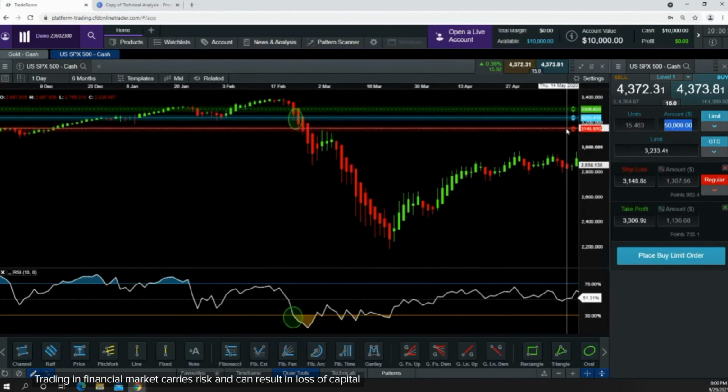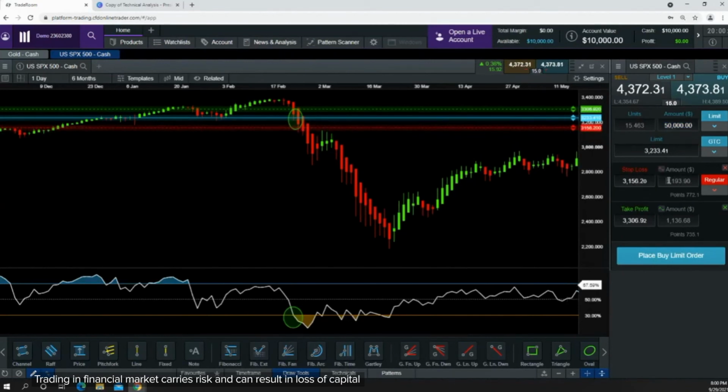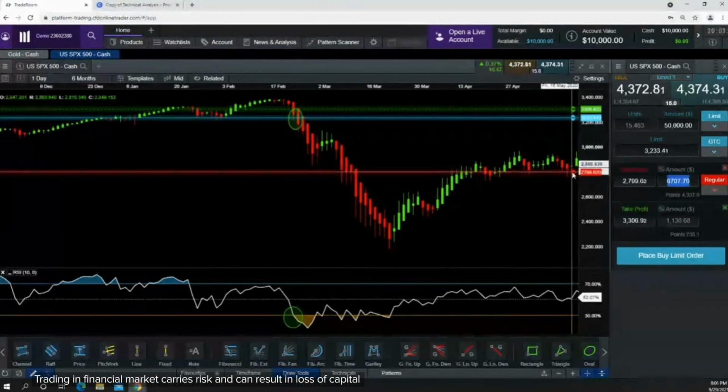Let's say the investor did put a stop loss. In this case, worst case scenario, yes, there's a big hit of $1,000 on $10,000. That's a 10% loss, but the 10% was much better than the entire account being wiped away. So this is where you need to keep a stop loss.